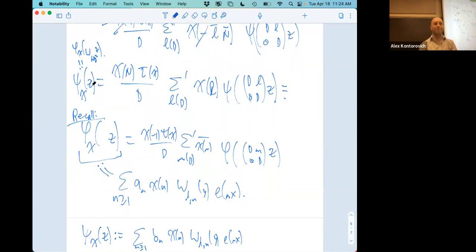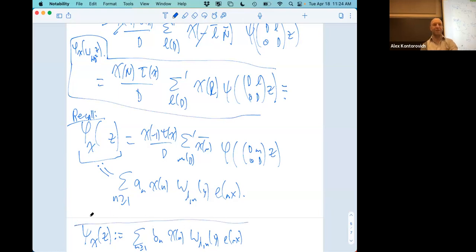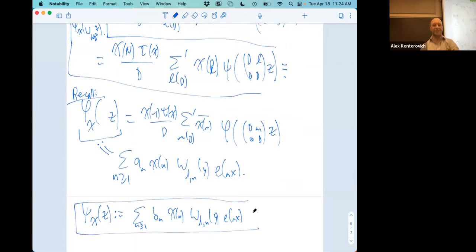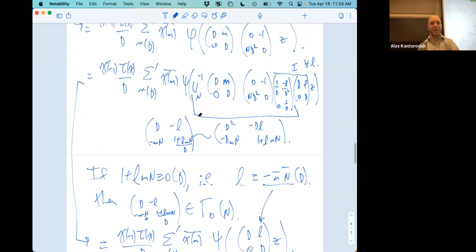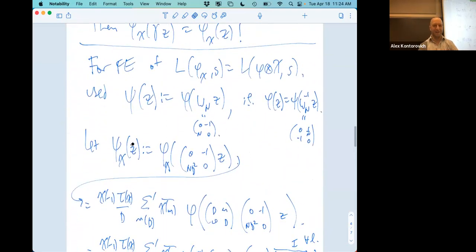Well, don't make this definition. Okay, maybe that was the mistake. Don't make that definition. Just look at what this thing is. It's this. I'll make the same definition for psi, the twisted psi.